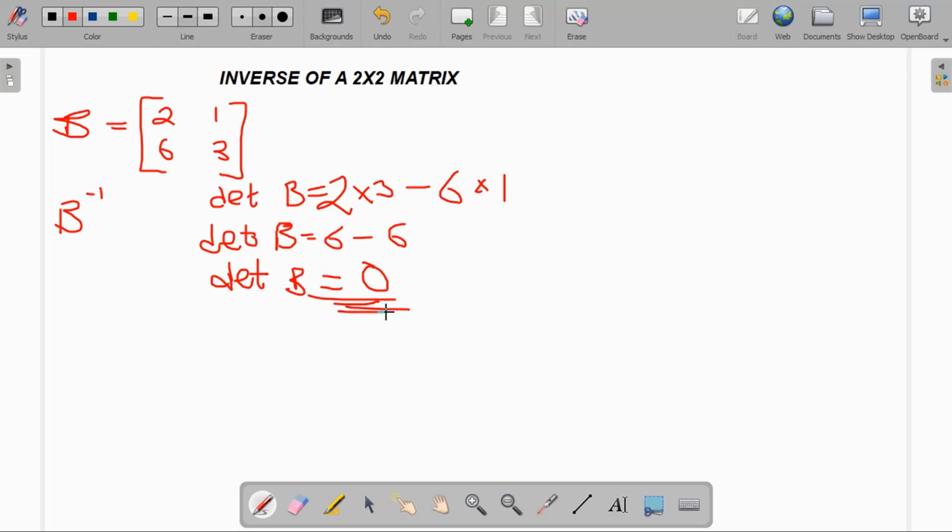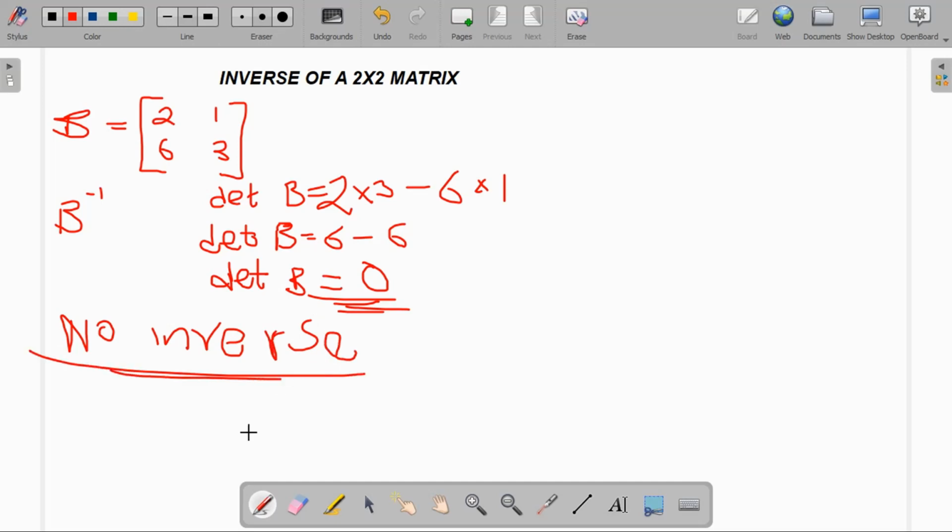And remember what we said in the previous video. If the determinant is 0, it simply means that this matrix has got no inverse. Why? It's because the determinant is equal to 0, so it has got no inverse.